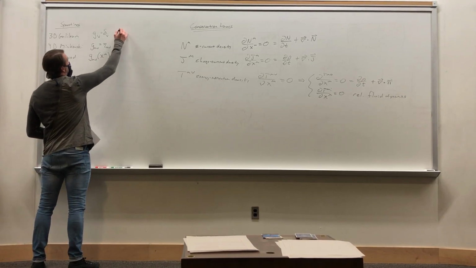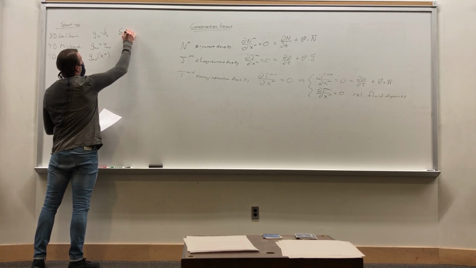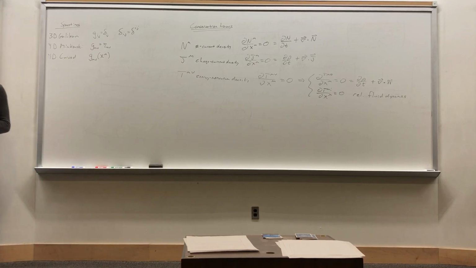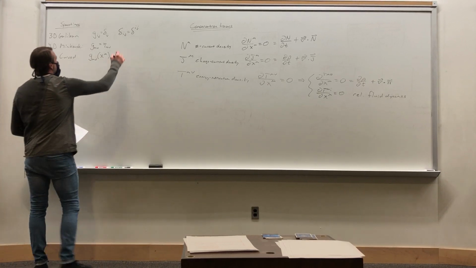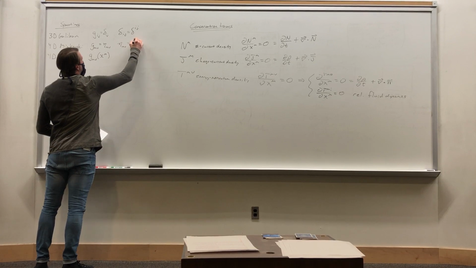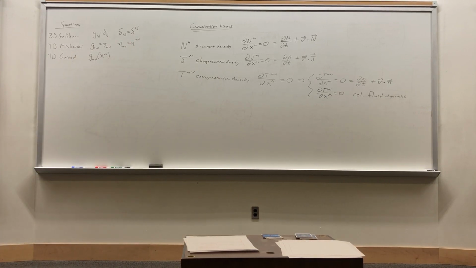Now, some more interesting observations. If the metric is the identity, then the inverse of the identity is the identity. If the metric is eta mu nu, the inverse of that metric is also eta mu nu, component by component. That's what I'm writing here.